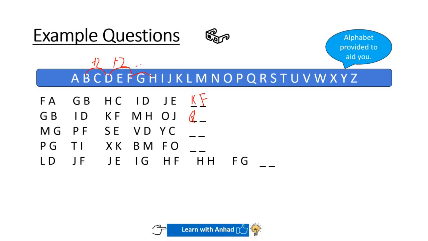F to H, which is +2. And H to J, which is +2. Now, J plus 2 would be equal to L. So the answer to this question is QL. Okay, let's move on to the next question now.